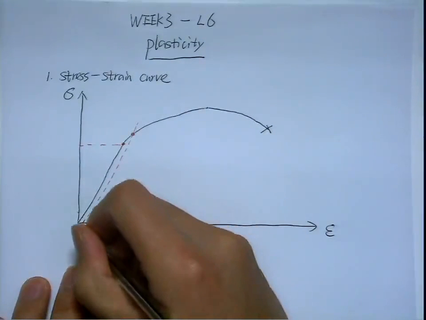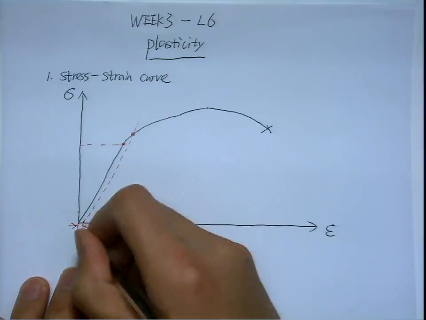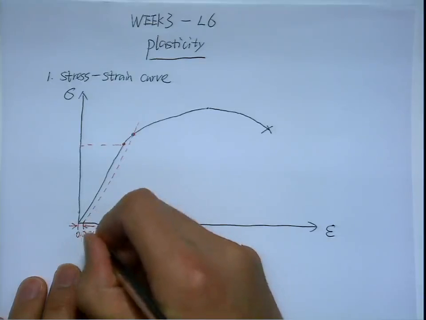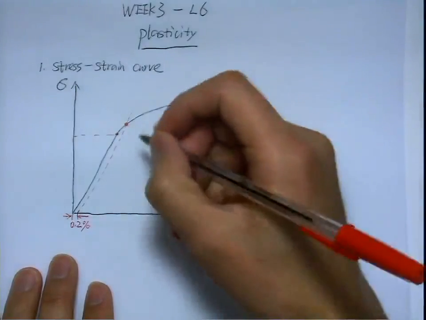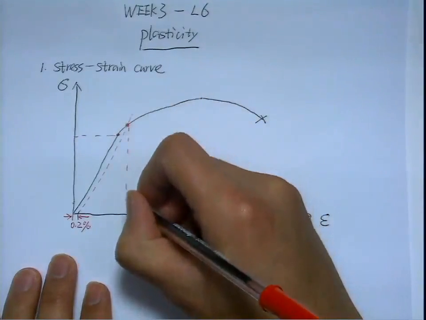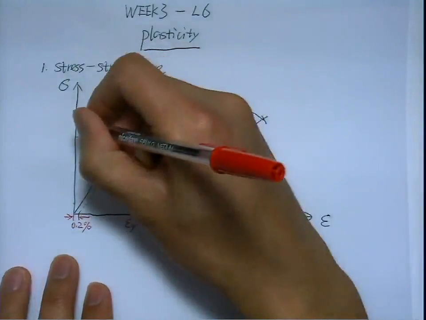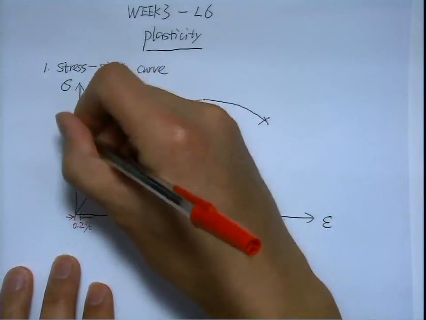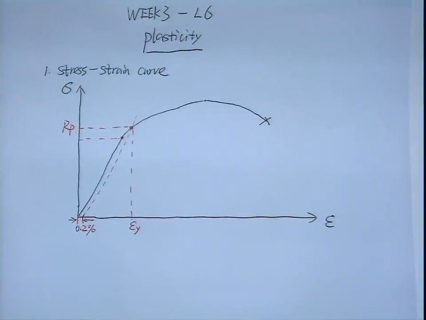How much for that offset? Most engineering books suggest 0.2% of strain. That gives you the point where yielding happens, and that gives you the actual yield strength you normally use for determining how strong your material is.